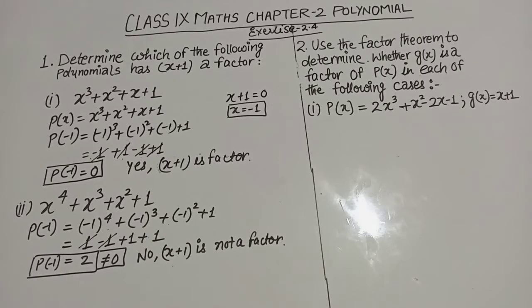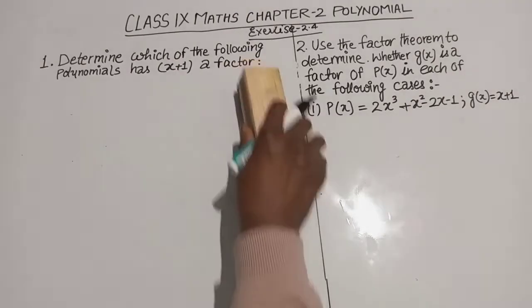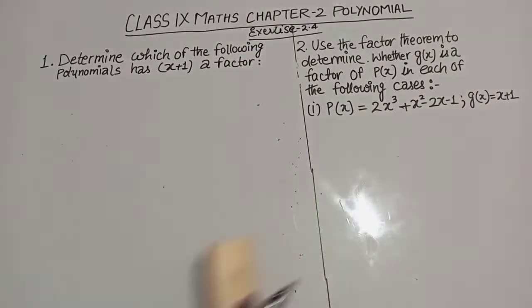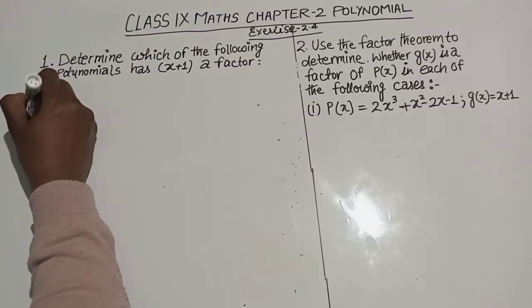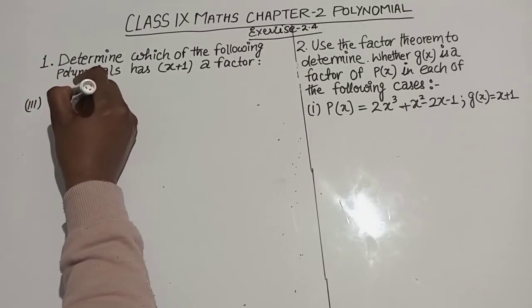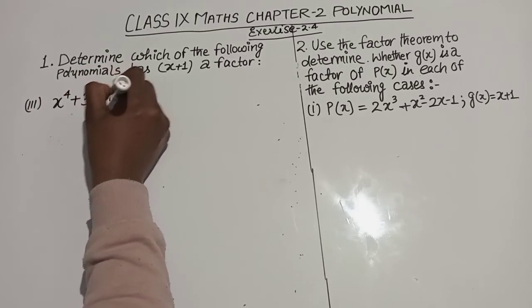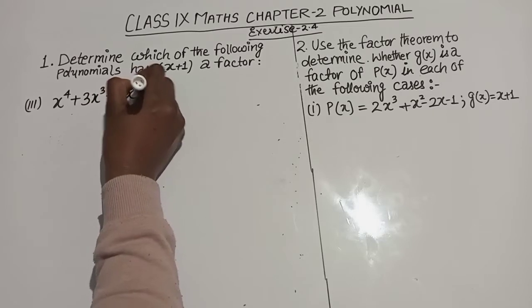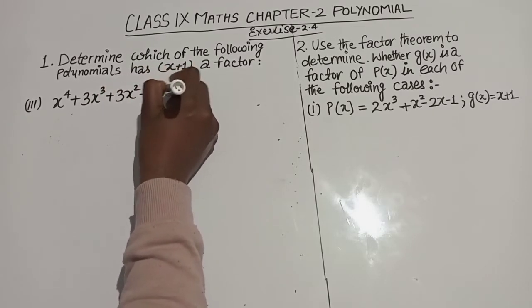Now next is question number 3: x to the power 4 plus 3x cube plus 3x square plus x plus 1.